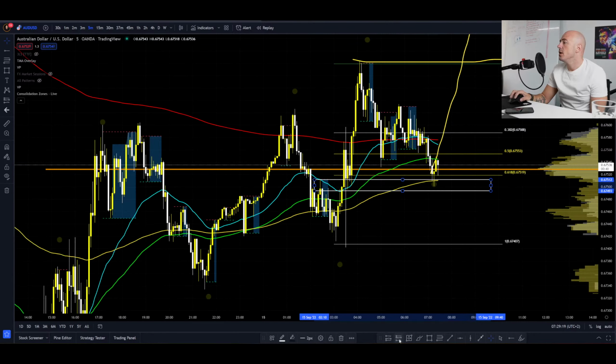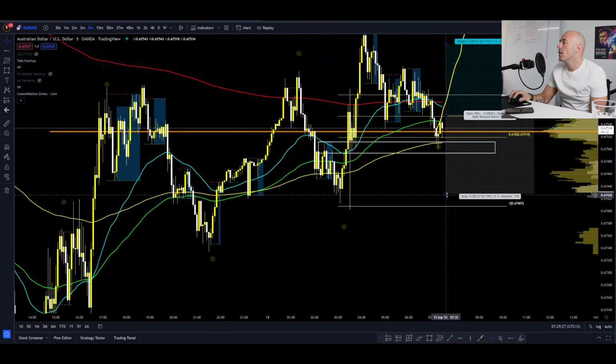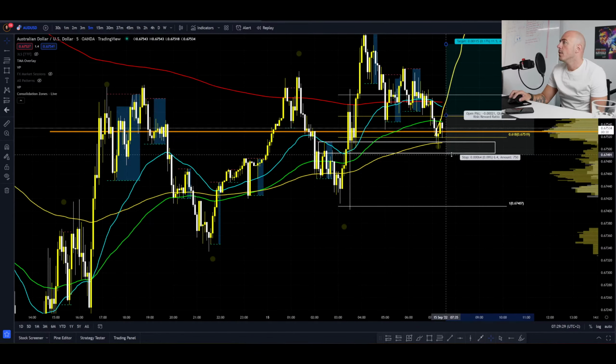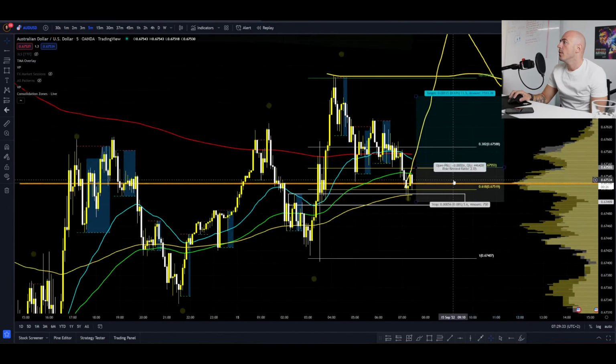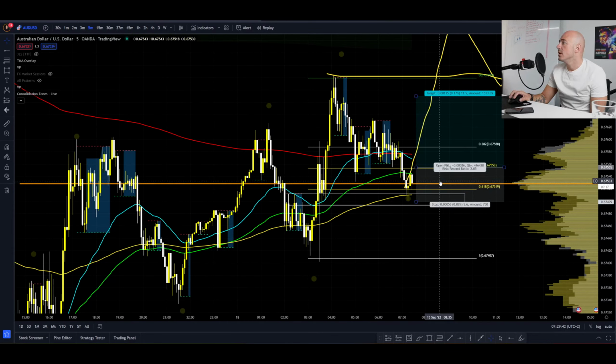So maybe a 1 to 2 as it breaks through the 50 level, not targeting the way high, but getting you a 5 pip stop loss and an 11 pip take profit.